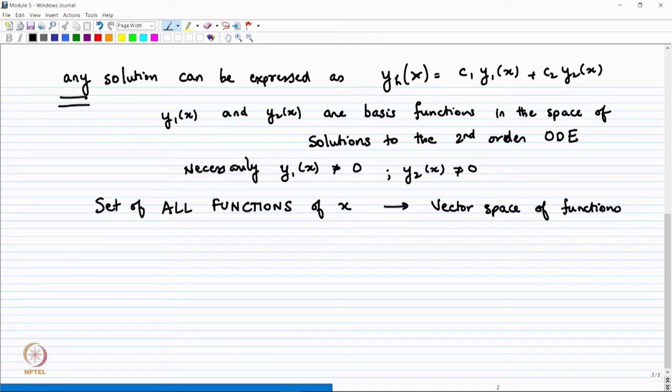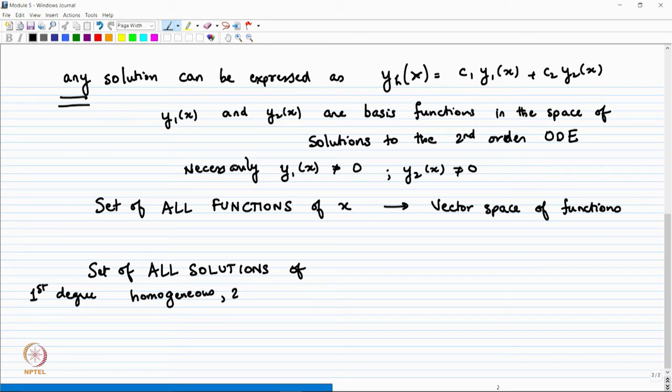Now the set of all solutions of the first degree homogeneous second order ODE are also functions of x.